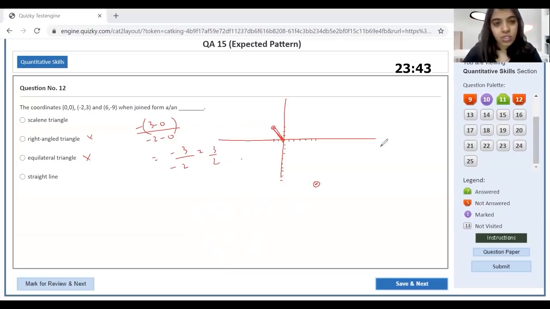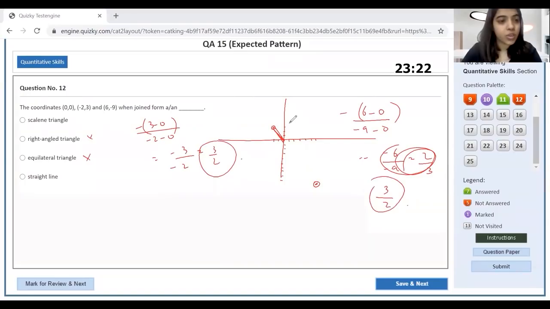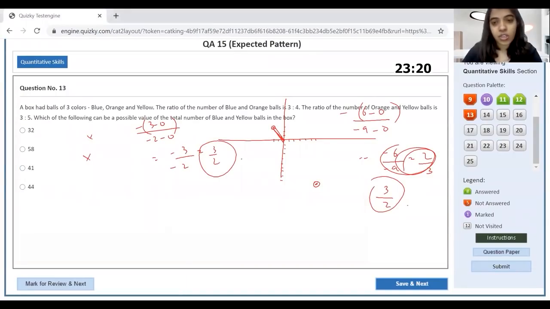Now, what is the slope of this? 6 minus 0 upon minus 9 minus 0, which is minus 6 by minus 9, which is 3 by 2. Y by x. So the slope is the same. So we can say that they are located on a straight line.